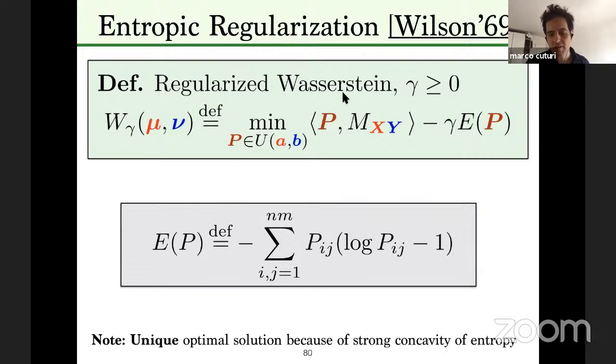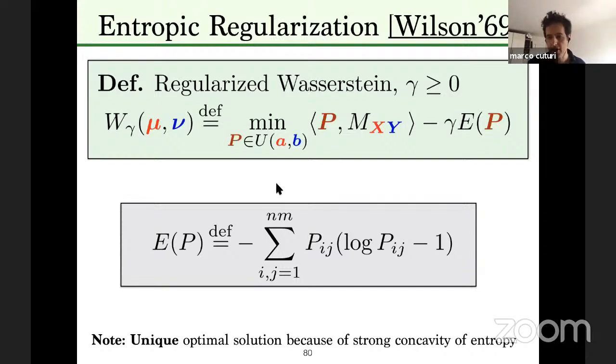And so all of this is summarized in this line. This is the linear program that was given before, the coupling with the marginal constraints and the dot product between the coupling and the cost matrix. And what we're just adding is this minus gamma entropy of P. So the entropy is on the simplex.